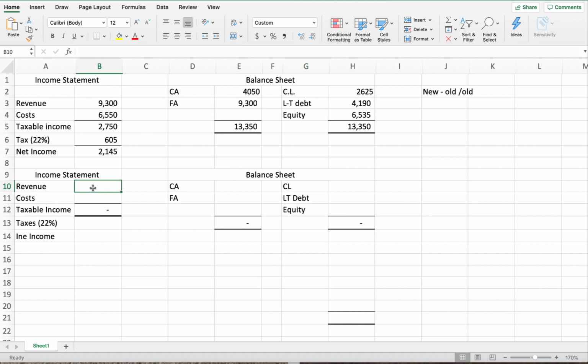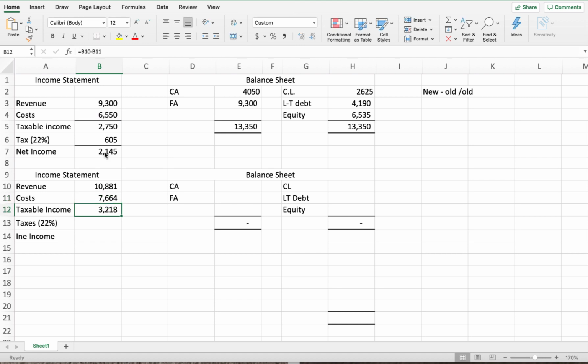So we know that our sales are going to increase by 17%, okay? So make it happen. Sales times 1.17 gives me 10,881. Same thing with my costs. My costs were 6550. Well, again, they're going to increase.